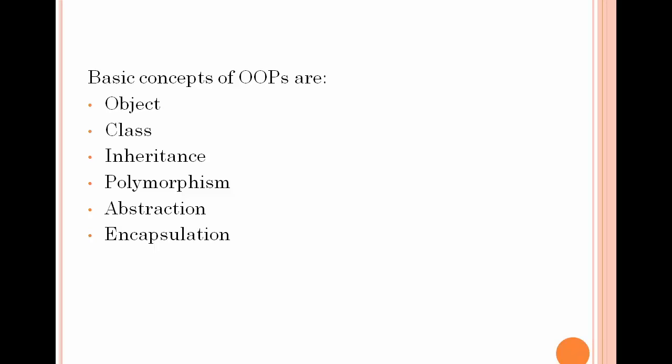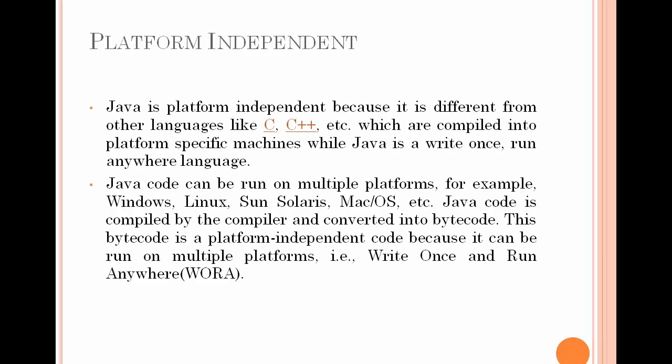So let's get into the next feature of Java, which is platform independent. Java is platform independent because it is different from other languages like C and C++, which compile into platform specific machine code, which means the code is compiled for a particular platform only, whereas Java is a write once, run anywhere language.